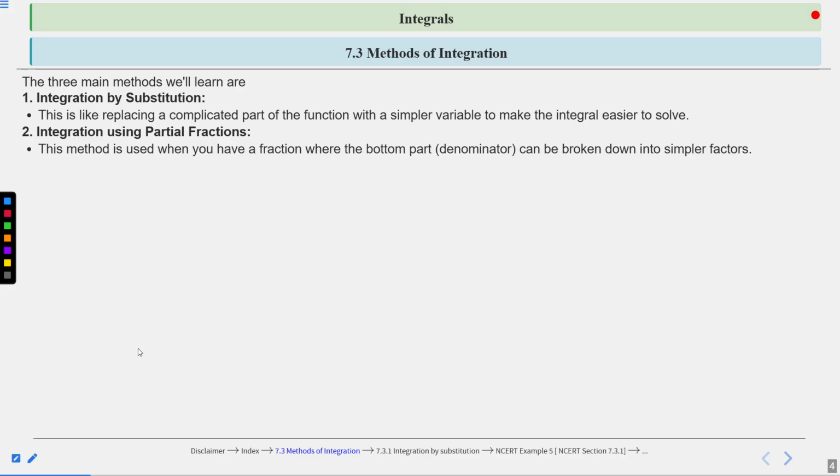Hope it's clear to all. Now we break the whole fraction into a sum of simpler fractions, right?